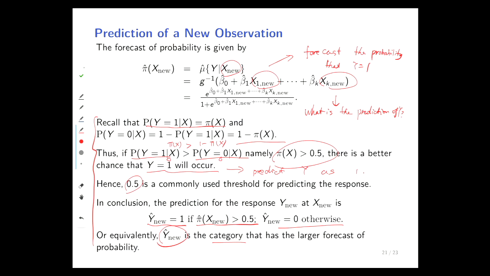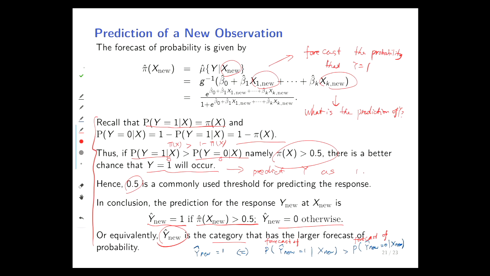For instance, if we predict y hat new equals 1, that is equivalent to saying that the forecast probability of y hat new equals 1 given x new is larger than the forecast probability of y hat new equals 0 given x new.